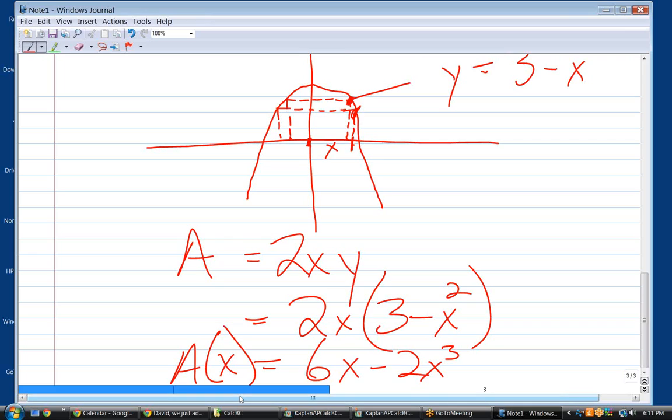In the last problem, we had a quadratic, and you could have used algebraic techniques to find the vertex of that quadratic. But when you have a cubic, we really can only take the first derivative of this and set it equal to 0. That's going to give us two places, one of which will be a maximum, one of which will be a minimum.